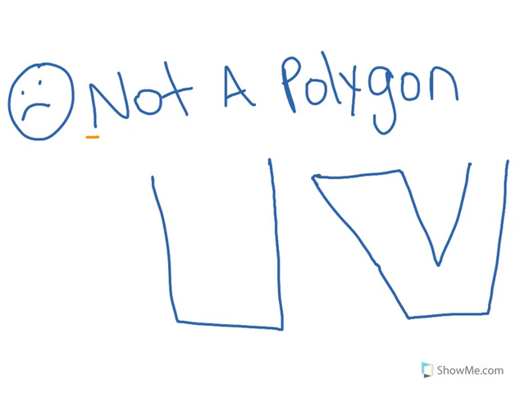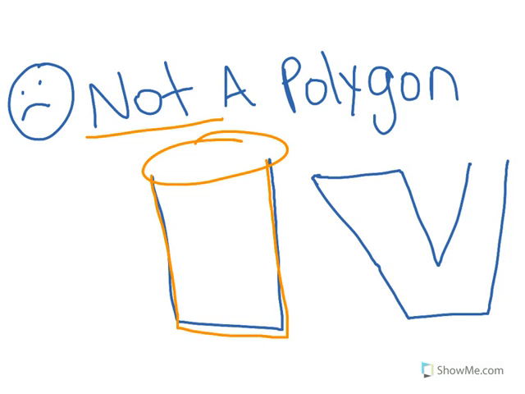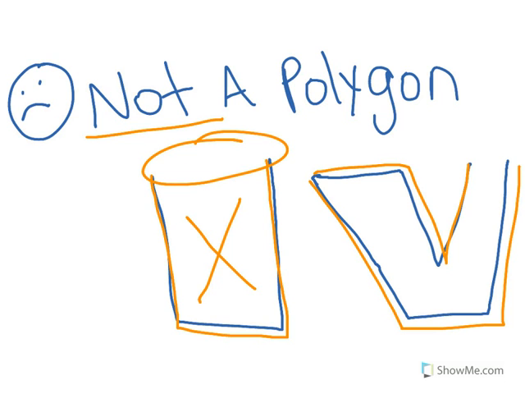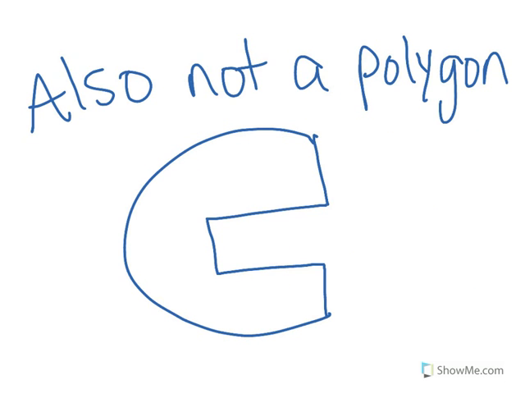These two shapes would not be a polygon. The first shape has 1, 2, 3 sides, but look, it's open right here, so it is not a polygon. And this shape has 1, 2, 3, 4, 5, 6 lines, but it is also open right here, so this would not be a polygon. This shape would also not be a polygon. Why? Because it's closed, yes, but it is not made up of all line segments.